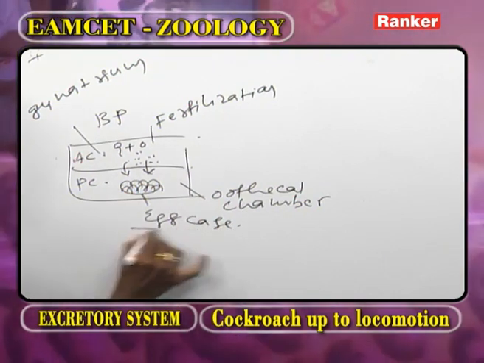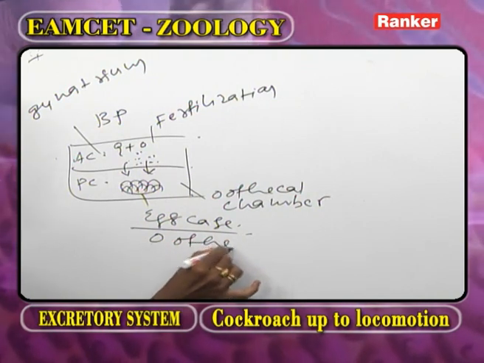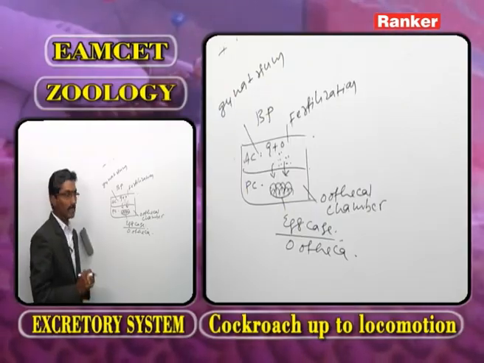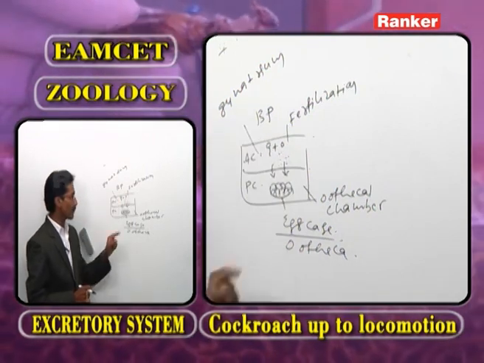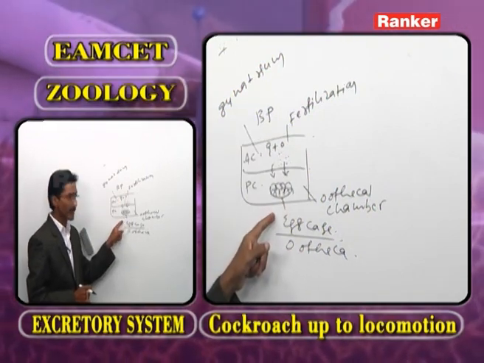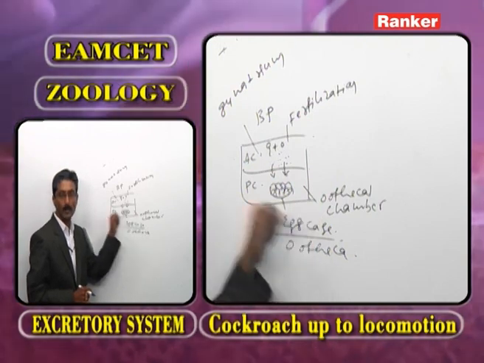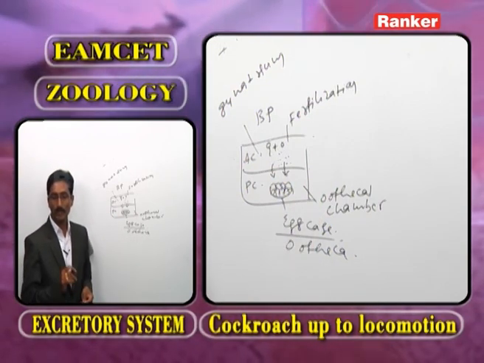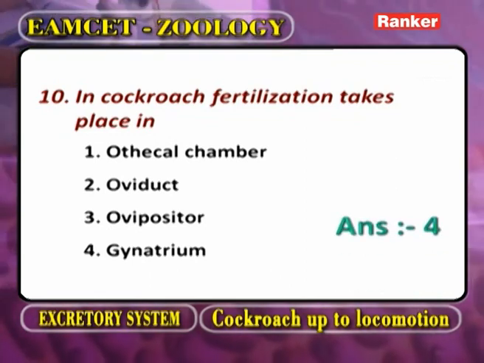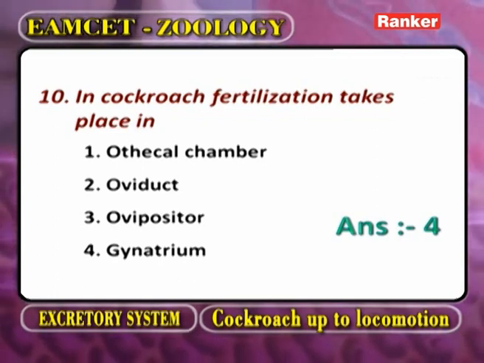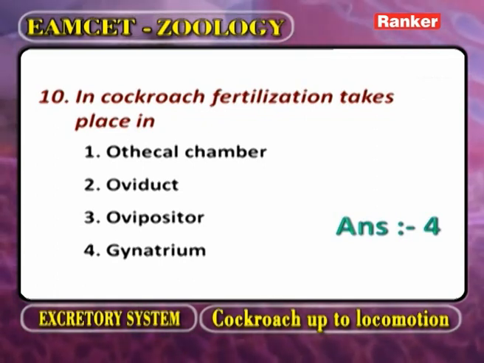The egg case is also called ootheca. Now, what is the site of fertilization? Gynatrium. Where does egg case formation take place? Oothecal chamber. Now, the answer is fertilization takes place in oothecal chamber, oviduct, ovipositor, gynatrium. The answer is gynatrium.